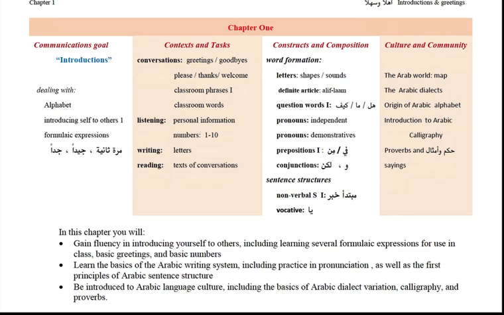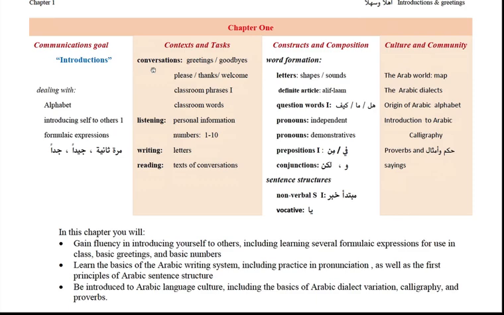Classroom phrases, what's the meaning of this? How do I say such and such? Classroom words, such as chair, desk, blackboard, screen, things like that. That's what's introduced in a conversational form between the instructor and yourself and your classmates as well.